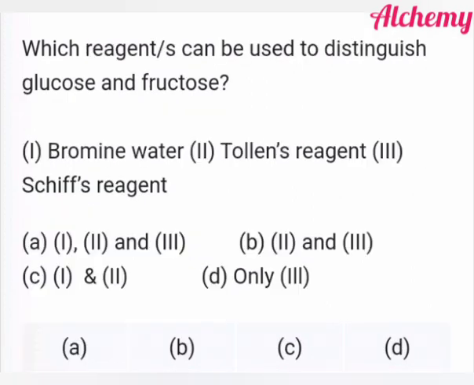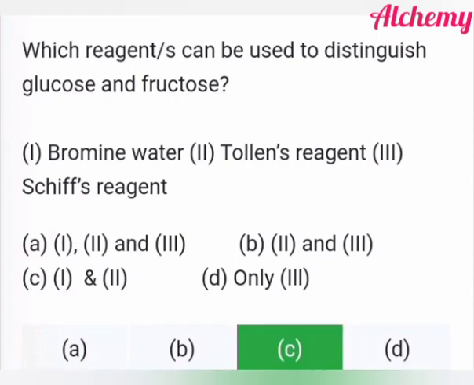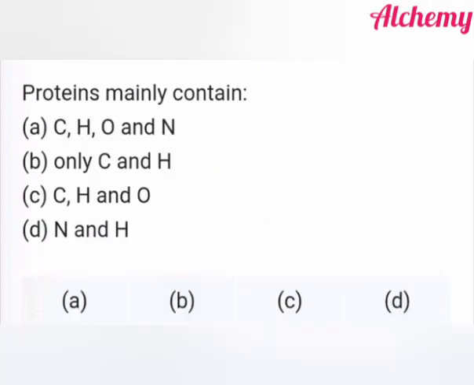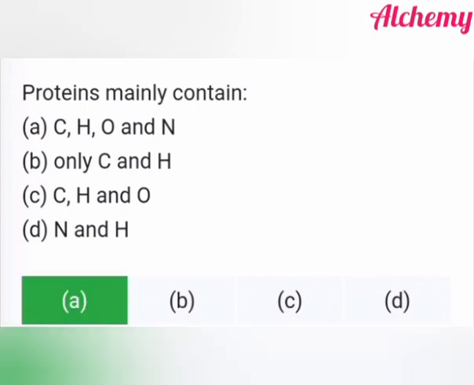Next question, which reagents can be used to distinguish between glucose and fructose? The correct answer is option C, bromine water test and Tollens reagent test. Next question, proteins mainly contain. The correct answer is option A, carbon, hydrogen, oxygen and nitrogen.